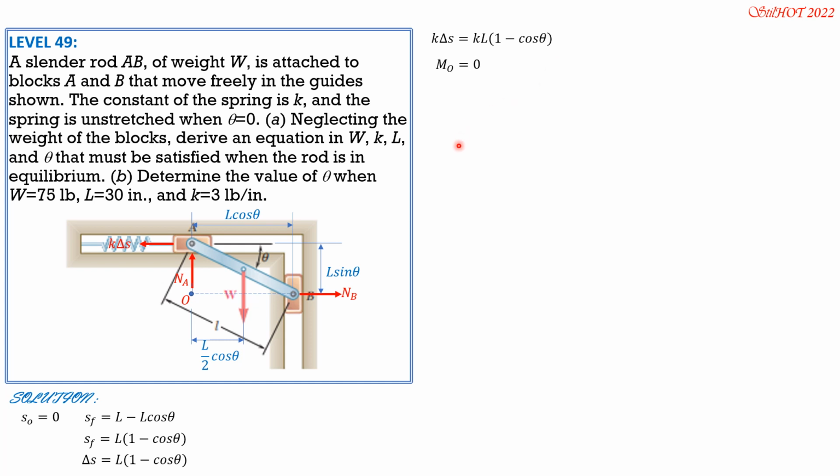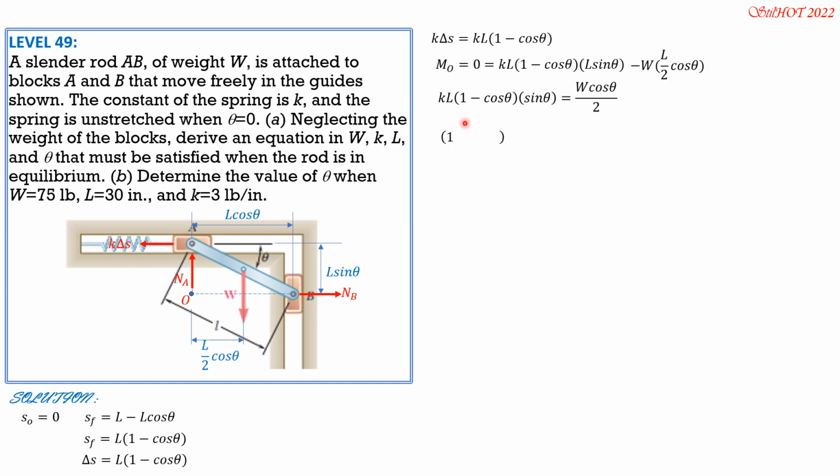So sum the moments about O equal to 0, counterclockwise positive. So we have K delta S, or KL times 1 minus cosine theta, times L sine theta, the moment arm, then minus W times L over 2 cosine theta. So cancel out L. So we have KL times 1 minus cosine theta times sine theta equals W cosine theta over 2.